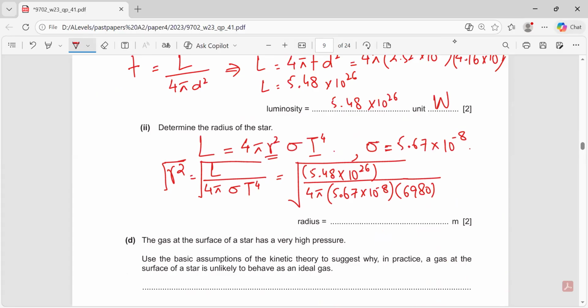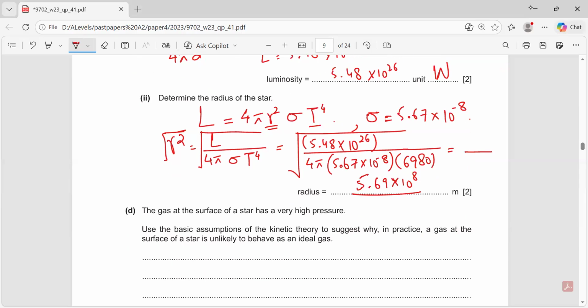After solving this, you get the radius in meters. As per the mark scheme, this is 5.69 into 10 power 8, which is the radius of the star.